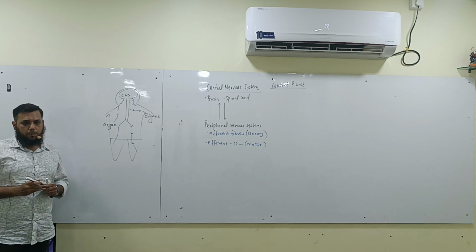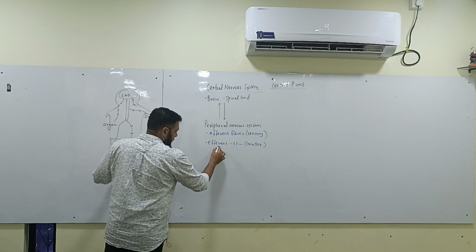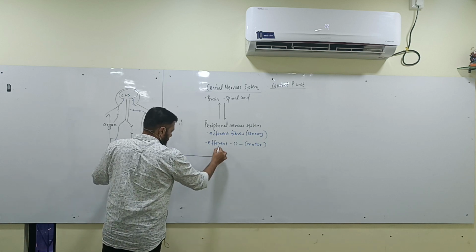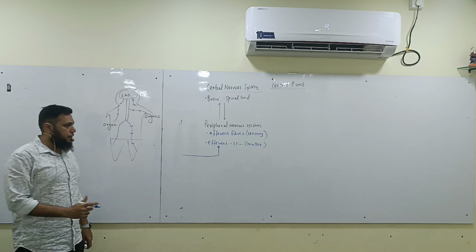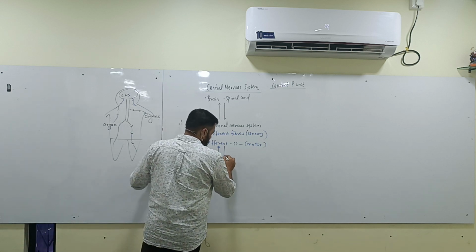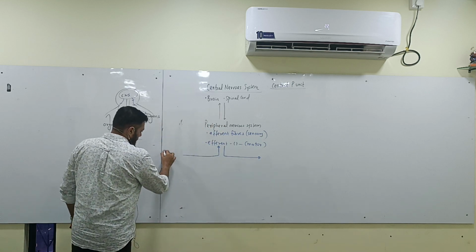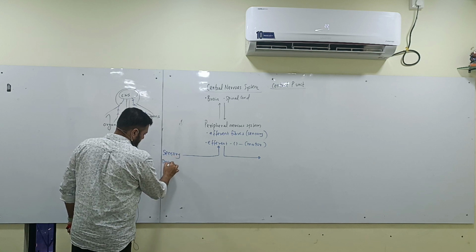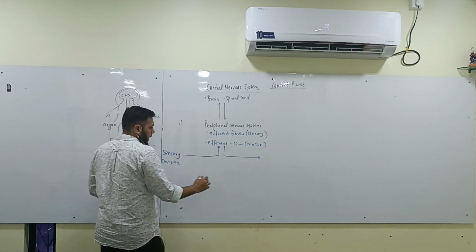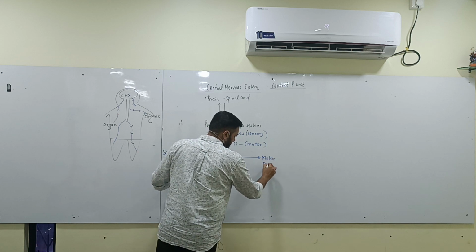Yes. Okay. The peripheral nervous system consists of two further divisions. PNS consists of the sensory division and the, which division?